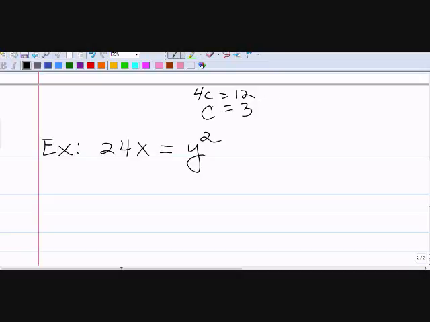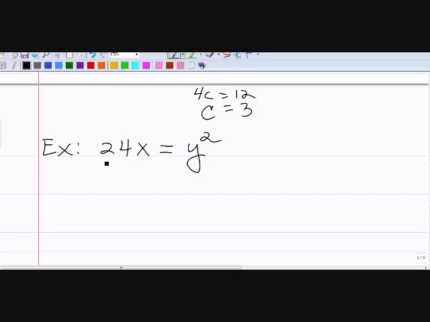All right, so all of my parabolas are either x equals a times y squared plus something, or y equals a times x squared plus something. So this one's going to be an x equals because it's the y that's squared. So I want to solve this equation for x.